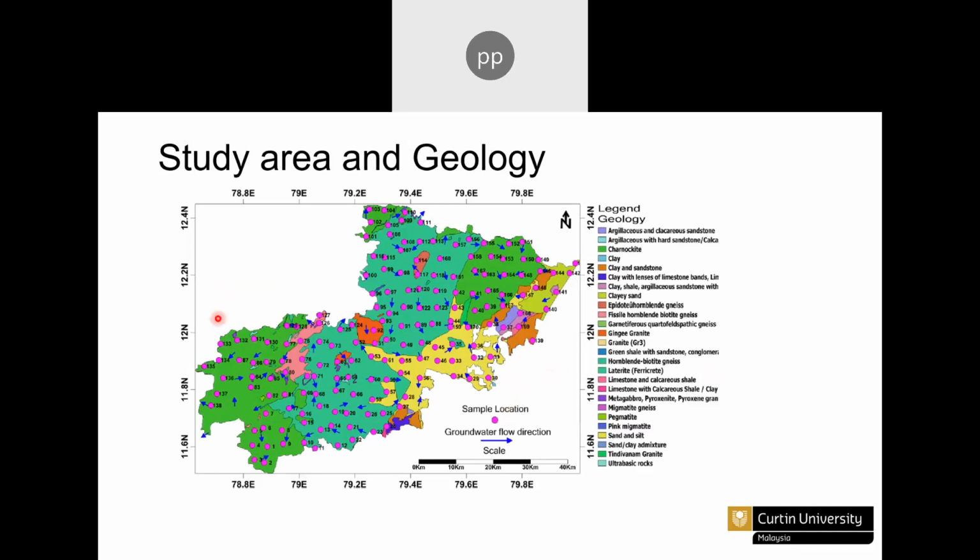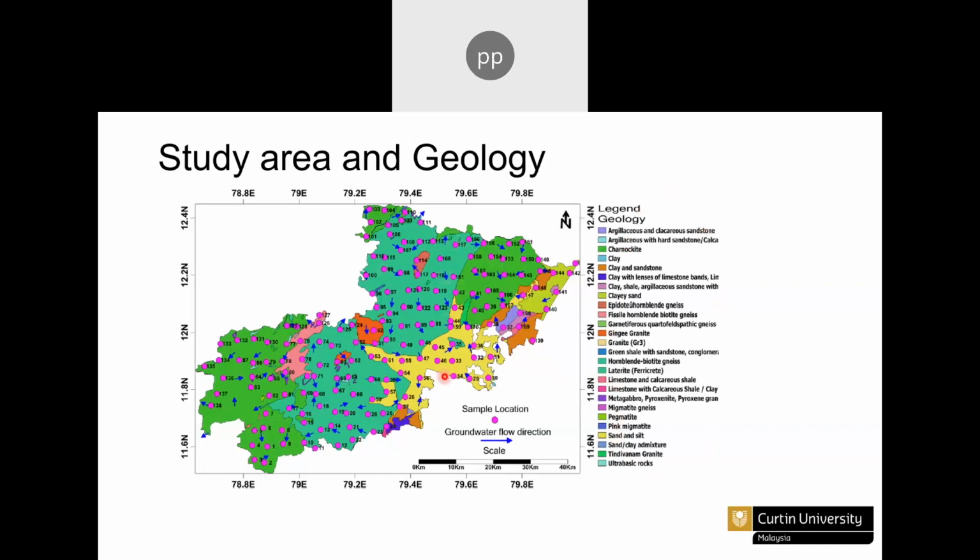This is the study area map, and all these dots are where the samples were collected. And look at the geology. Why is geology so important for groundwater?